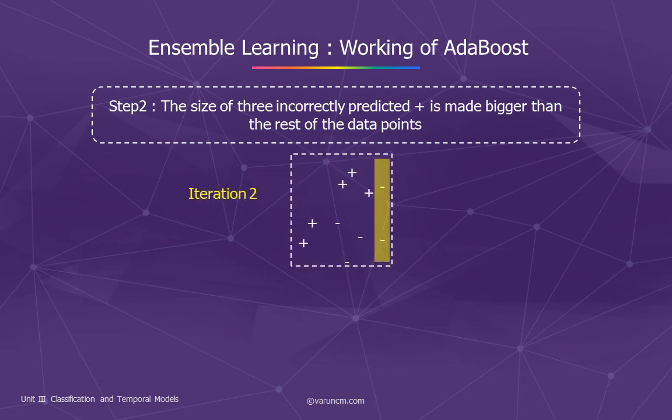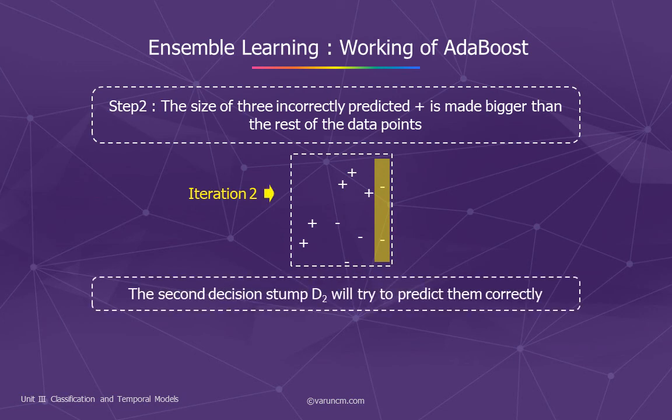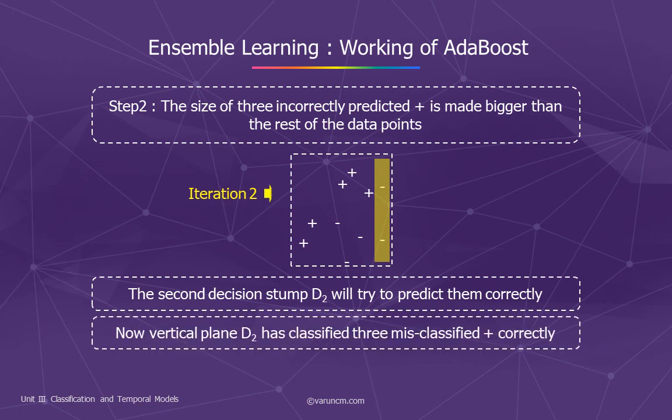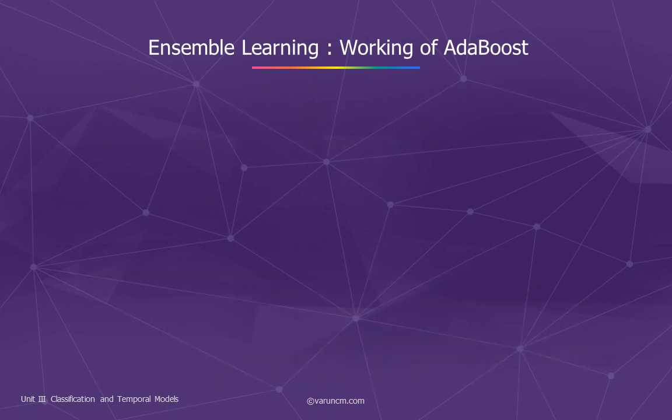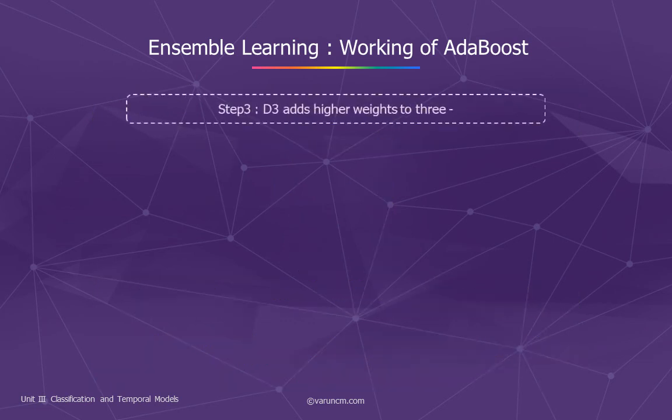So you are adding these 3 pluses there, and now these minus were taken. Here again comes the problem, that there are 3 more minus left. So the second decision stump will try to predict them correctly, but what happens, it misclassified the plus. So there is a misclassification error on the 3 minus signs.